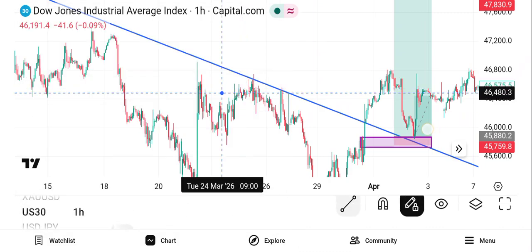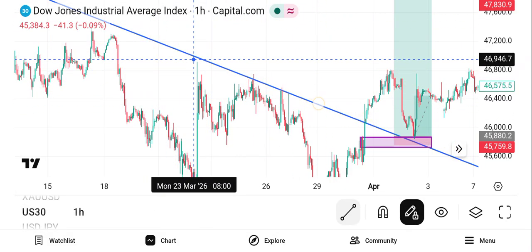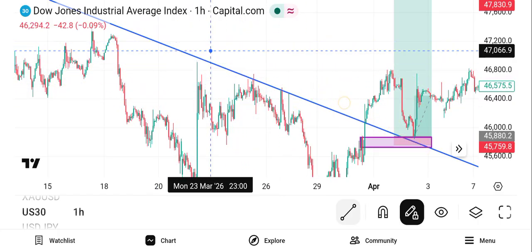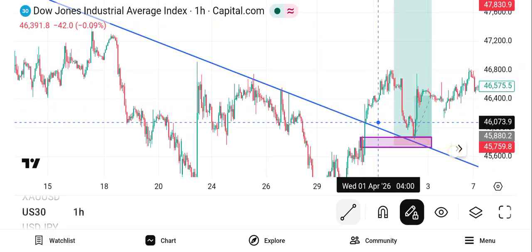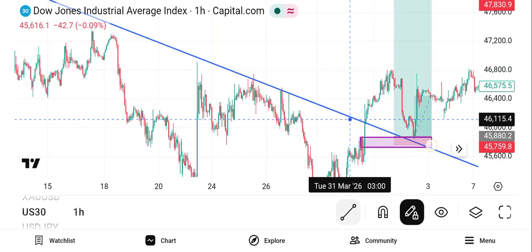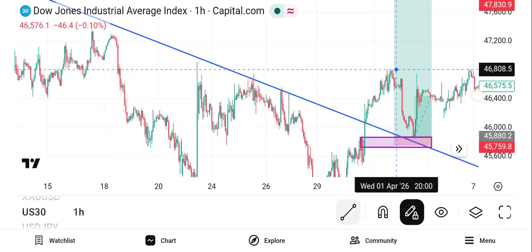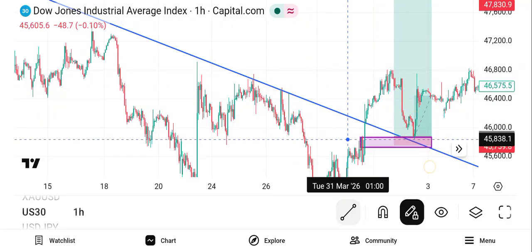All right. You can see the market was in a very sweet trend line pattern, in a downtrend. So when the market breaks this trend line, I know that the market is about to change direction to an uptrend.